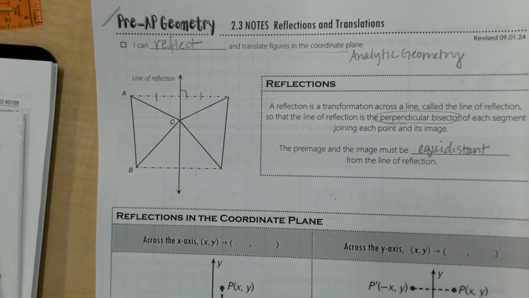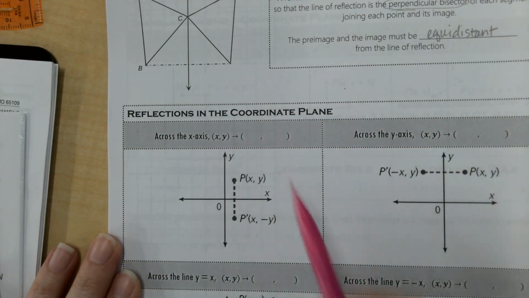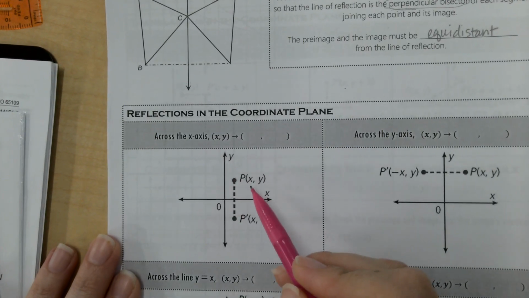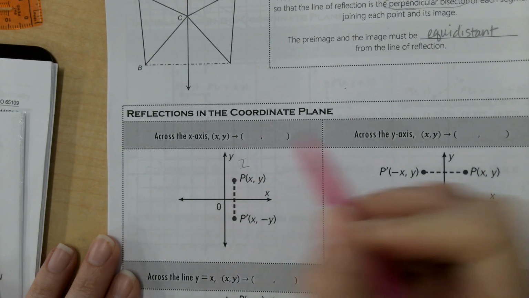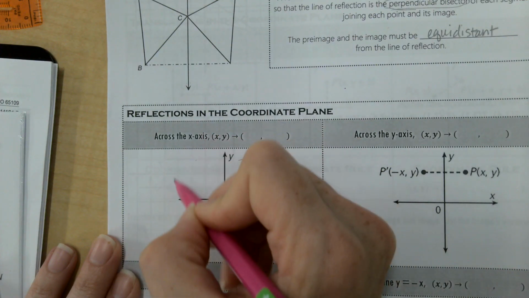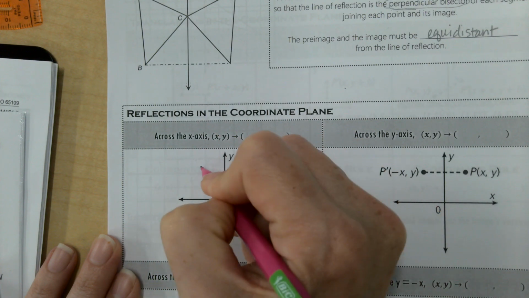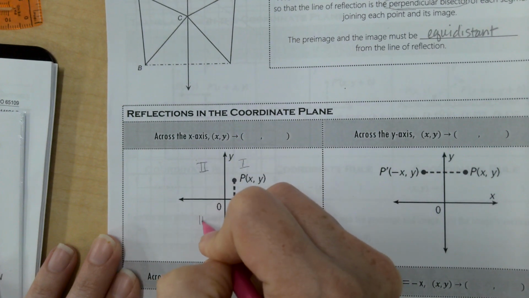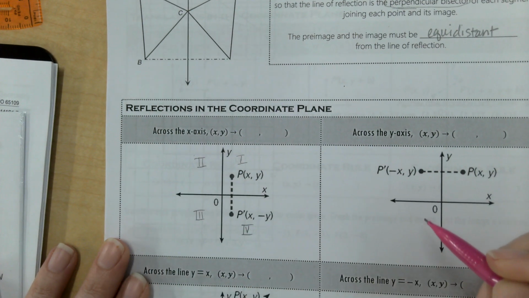All right, so there's actually a pattern that happens when you do reflections on the coordinate plane, okay? So if you'll notice, actually let's name the quadrants, okay? First quadrant is here. Which direction do we go? What's the positive direction? Left, counterclockwise. So we count left. This is quadrant 2, this is quadrant 3, this is quadrant 4, right?